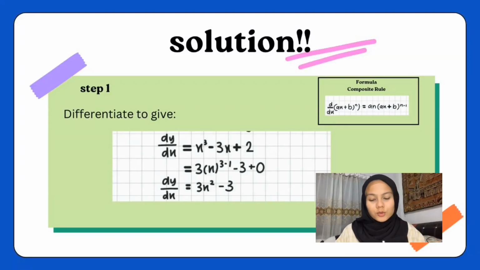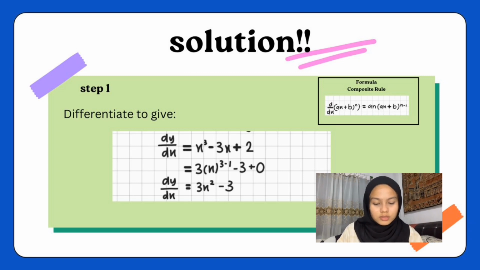Step 1, we need to differentiate the equation. We need to use a differentiation formula, that is the power rule. The way to differentiate is the value of the power is carried forward and the power must be subtracted by 1, as written in the sample answer. As we know, 3x is 3x to the power of 1.